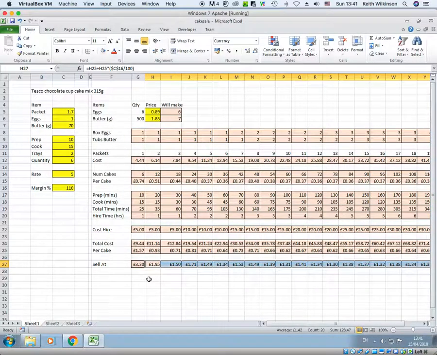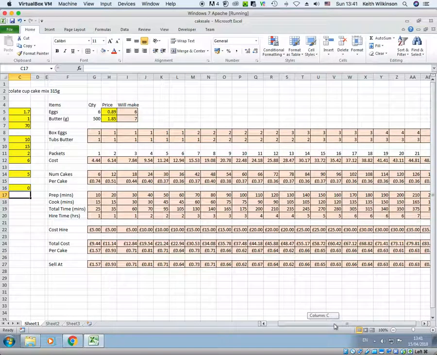So how can this help? Let's imagine that during your market research, the maximum value that a student said they would pay for a cake is 50p. Is it possible? So if we have a margin at 0, can we make a cake for 50p?